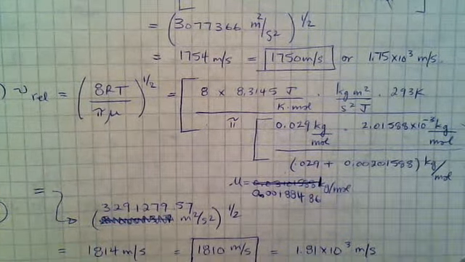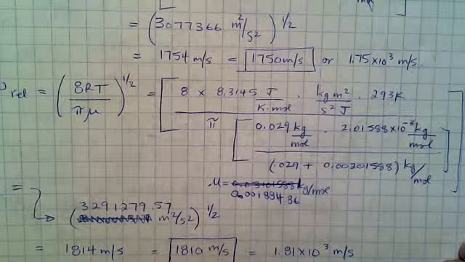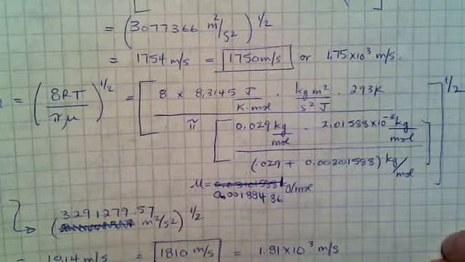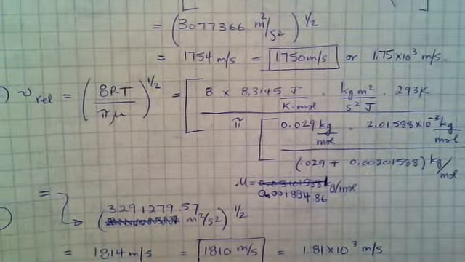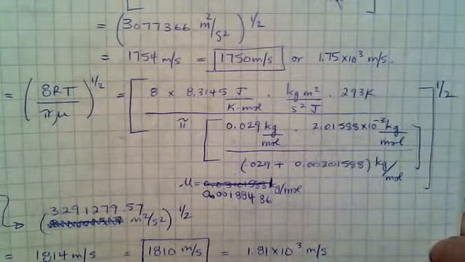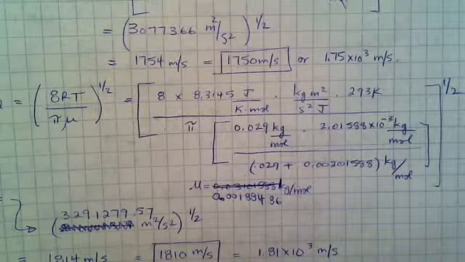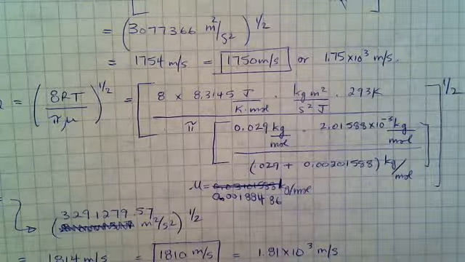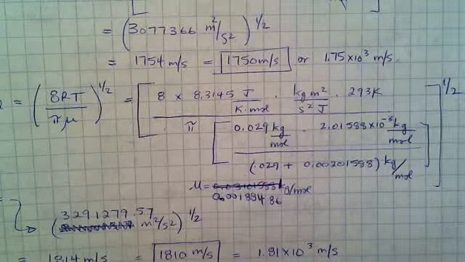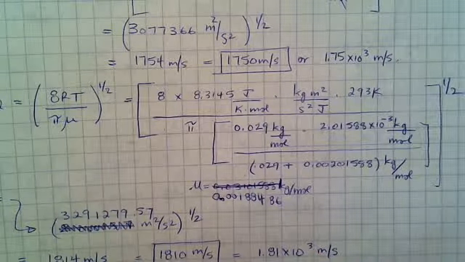Let's just fit this on here so I can see everything. Okay, so you see it's the relative speed. When you look in the textbook at the relative speed, you might see the one where it's the mean speed multiplied by root 2.